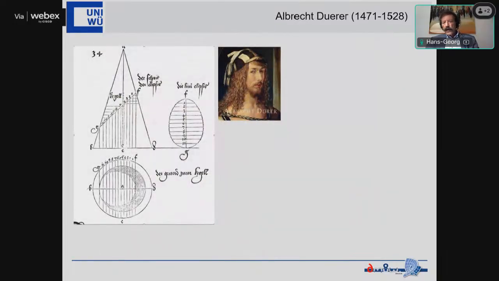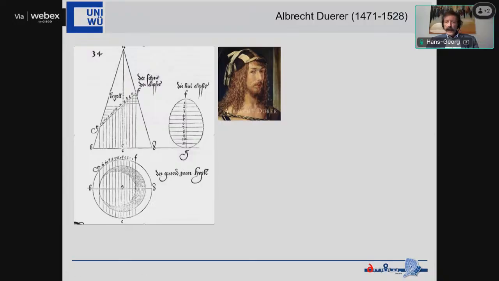And now Dürer wants to know, if you do an intersection of a cone with a plane, what is the real size of this intersection? So he asked this question, and this is the original painting of Dürer, and he has done it quite thoroughly.